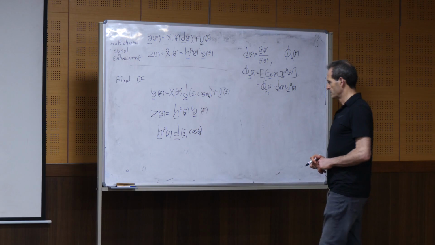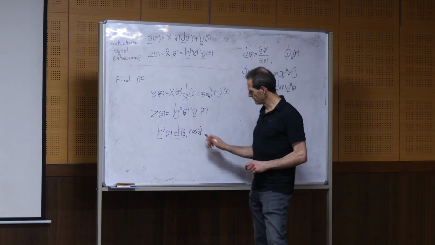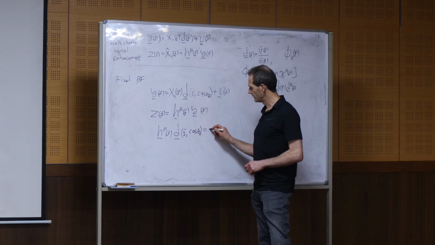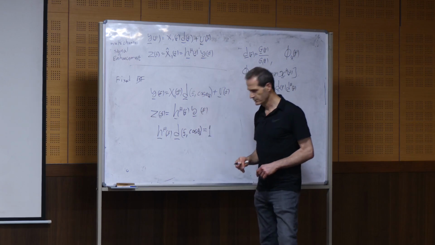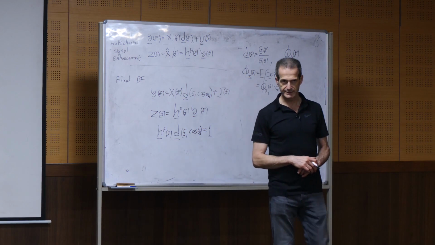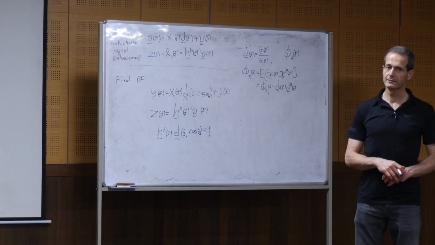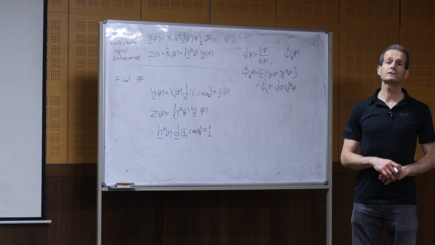Now, in order that a signal that comes from this direction will not be distorted, I will require that this is 1, constant for all frequencies. So it's a distortionless constraint for a certain direction.